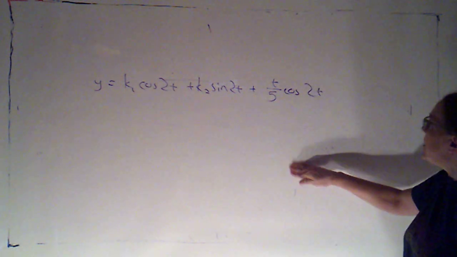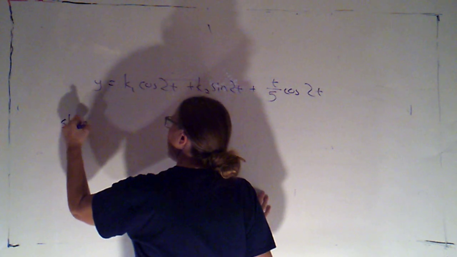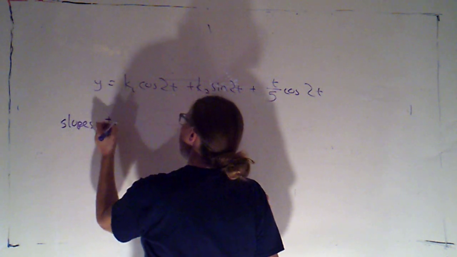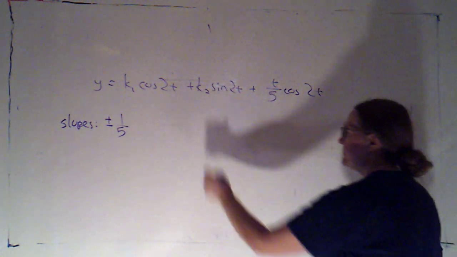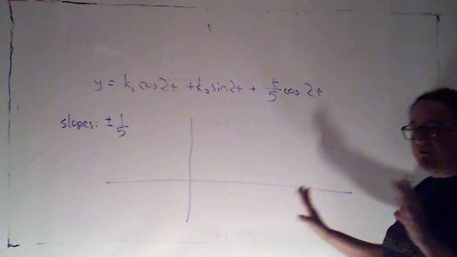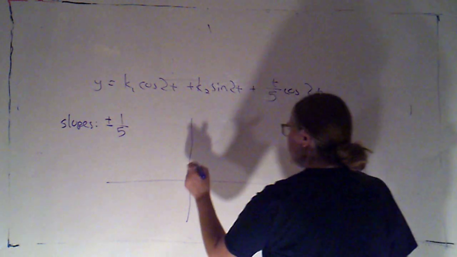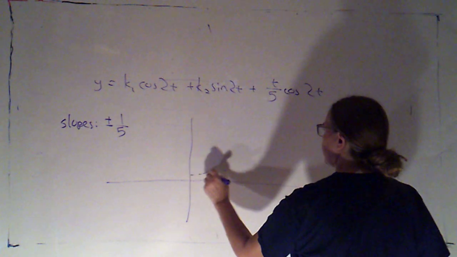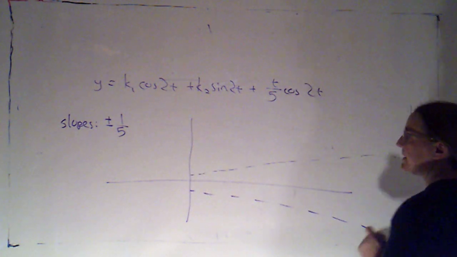This would tell me that the slopes of the lines between which my oscillations occur would be plus and minus 1/5. What the y-intercepts of those lines are would vary depending on the initial conditions, but I can draw in lines of slope plus or minus 1/5.